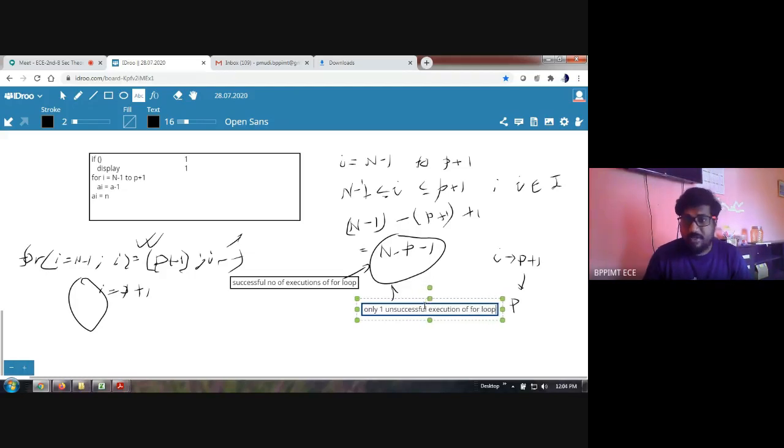This thing we ignored while studying C language, but now in data structures we will consider this extra unsuccessful execution. So the total number of executions of the for loop becomes n minus p minus 1 plus 1, that means n minus p.